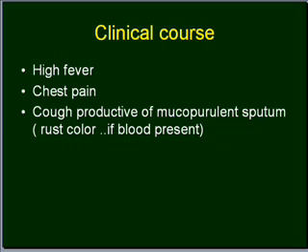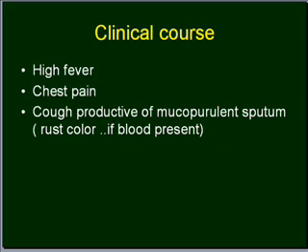This RBC undergoes destruction, and once the RBC are destroyed, we get hemoglobin, which will transform into hemosiderin, and that is why it will be rust in color, because hemosiderin is not bright red.